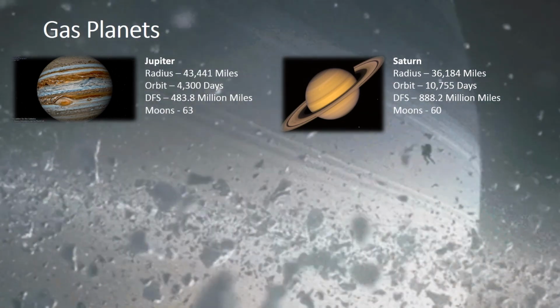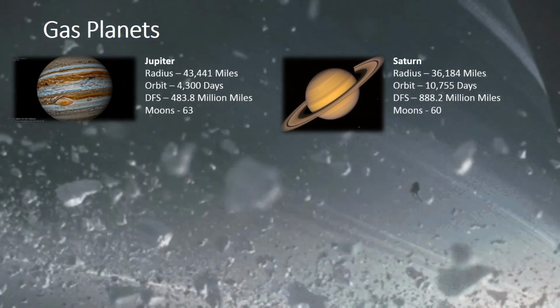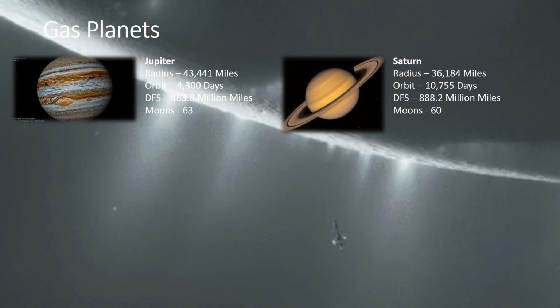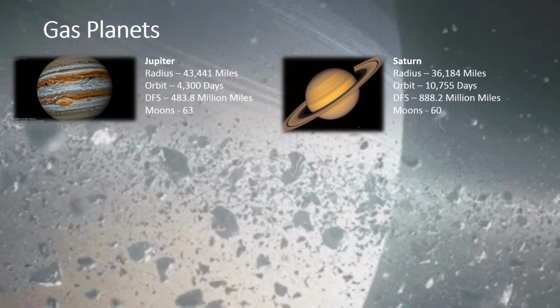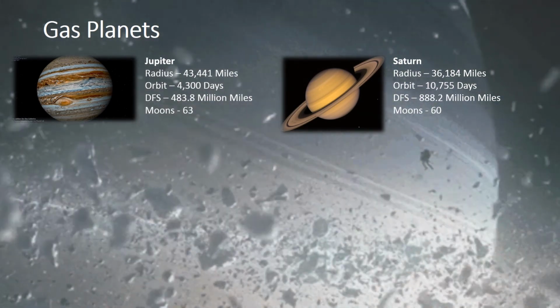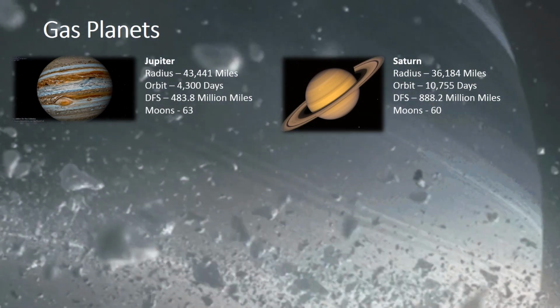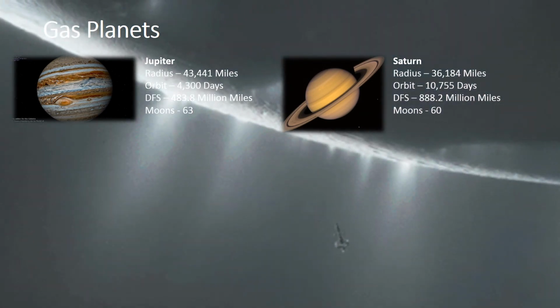All right? Now, we believe that those rings are made up of ice and gases and just different debris that goes around the planet. You can only imagine how beautiful that is from the surface of Saturn, just to sit and look at the different colors of those rings as they go around.